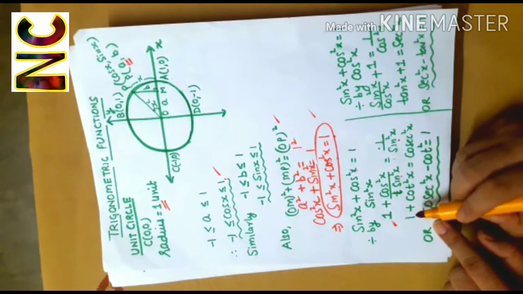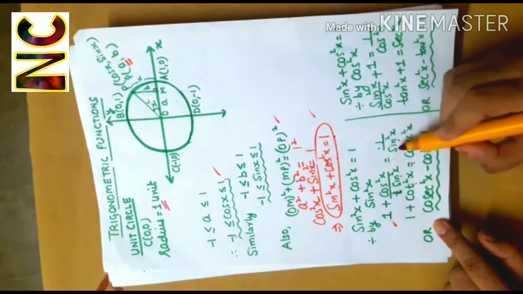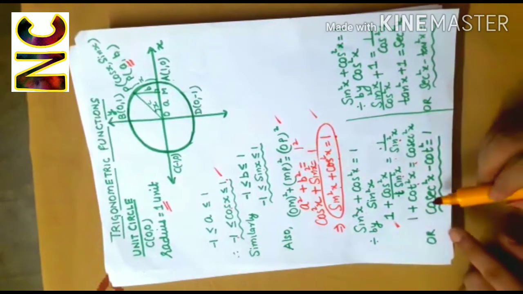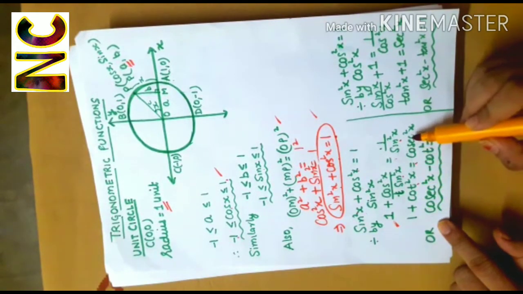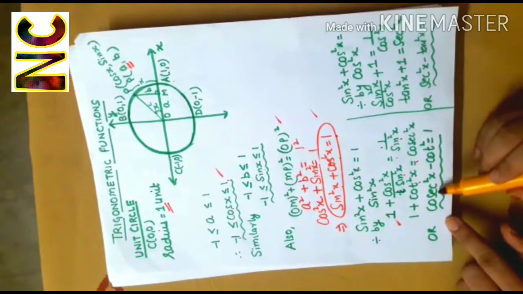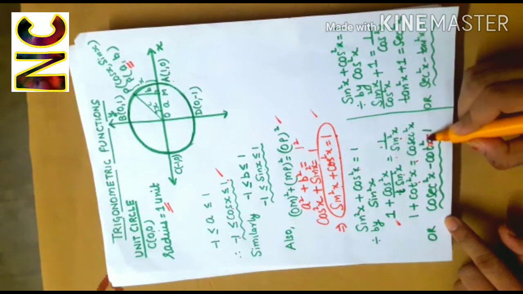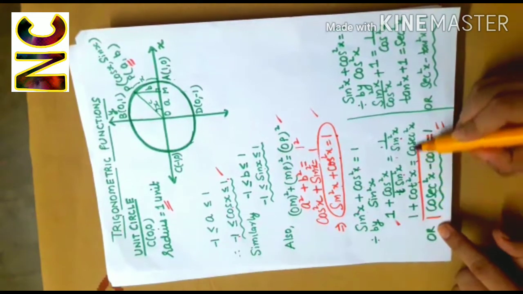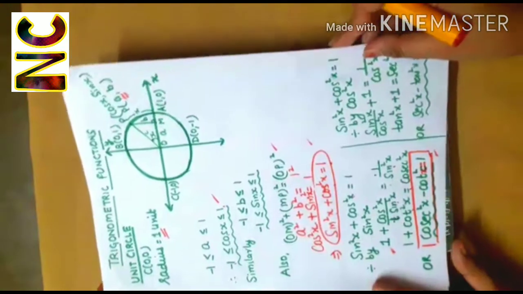So here I'll get 1 plus cot square x equals 1 over sin square x, which is cosecant square x. So I'll get 1 plus cot square x is equal to cosecant square x. Or I can write cosecant square x minus cot square x is equal to 1. This is our second identity. This also you learnt in your class 10th.